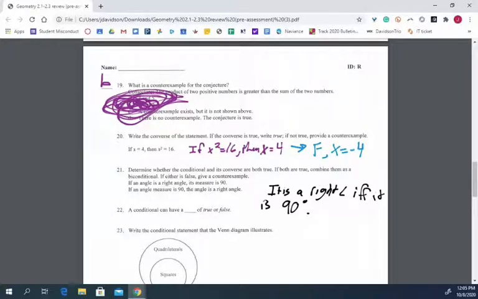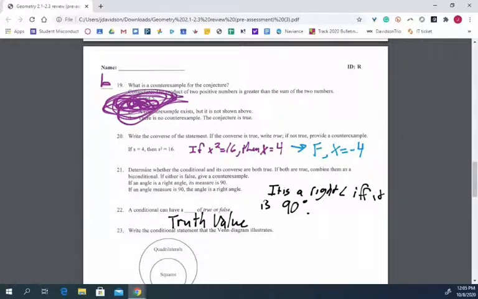A lot of times I say determine its truth value. Truth value is what we're looking for. A conditional can have a truth value. I was right there.